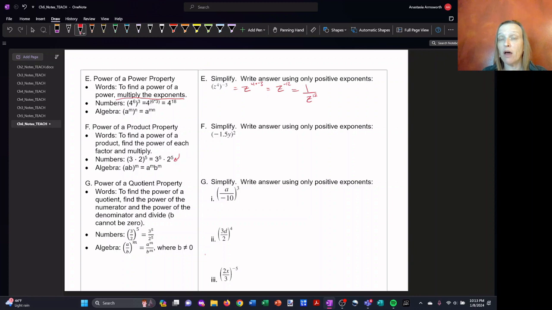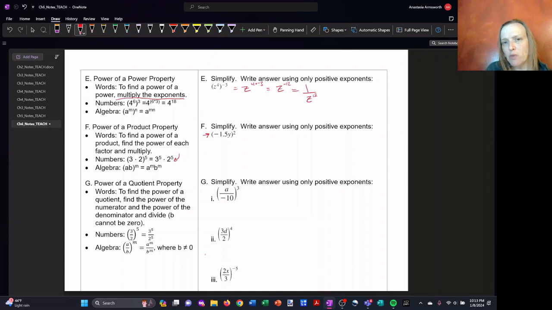That works with number values, but quite often we're given examples like what you see here in problem F, where there's a number multiplied with a variable. And of course, we don't know what the variable is worth, so we don't know what value we get from multiplying those two together. So we can't just use PEMDAS and do what's in parentheses first. So this is a very important rule to know.